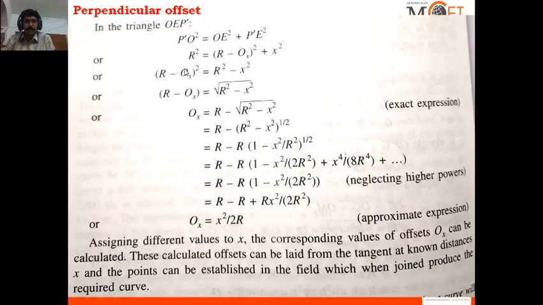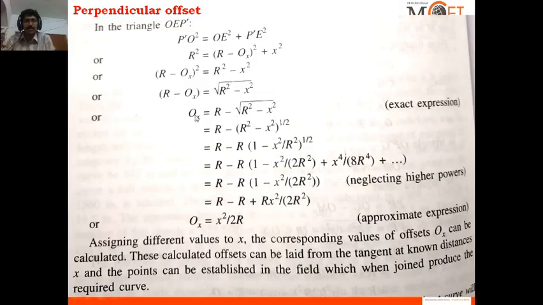We need to determine the OX, so we are shifting the x square here. So (R minus OX) the whole square is equal to R square minus x square. Taking the square root, you will get R minus OX is equal to root of R square minus x square. So OX equals R minus root of R square minus x square.